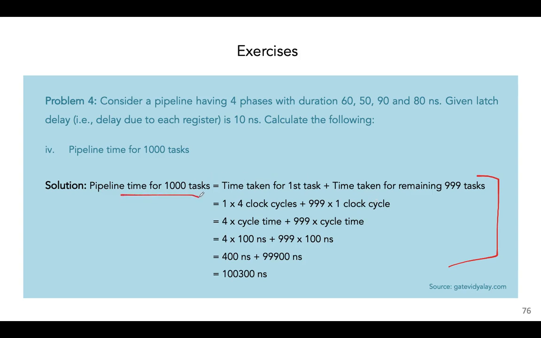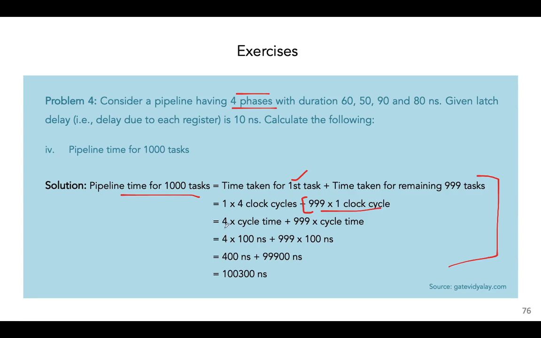The first task is 1 into 4 clock cycles, because there are 4 phases, and the remaining 999 will come out of the pipeline 1 per clock cycle.